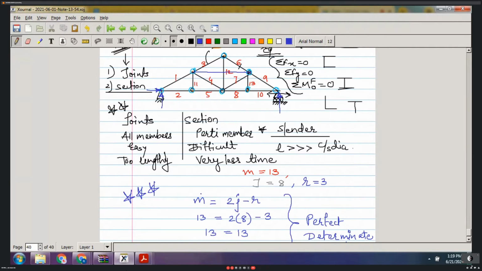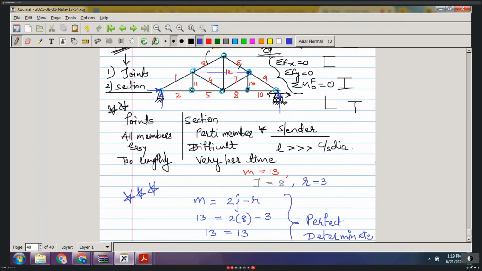Left hand side is increasing by 1. So I can say that M is now more than my requirement of 2J minus R. So such a type of truss where an additional member is provided, which is not actually required to keep the truss perfect, is known as a redundant truss.